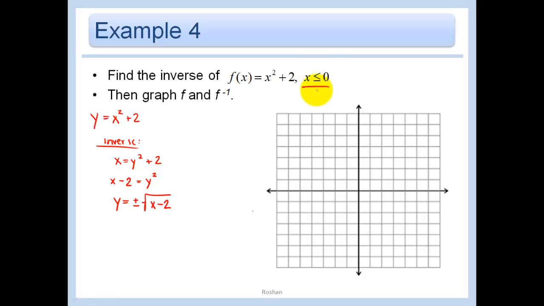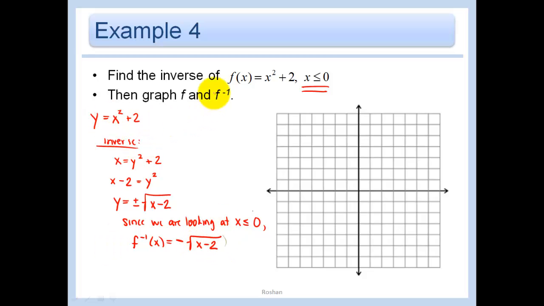In this one, my domain restriction is only non-positive numbers. So since we are looking at x is less than or equal to 0, we just have that the inverse function is that negative 1.